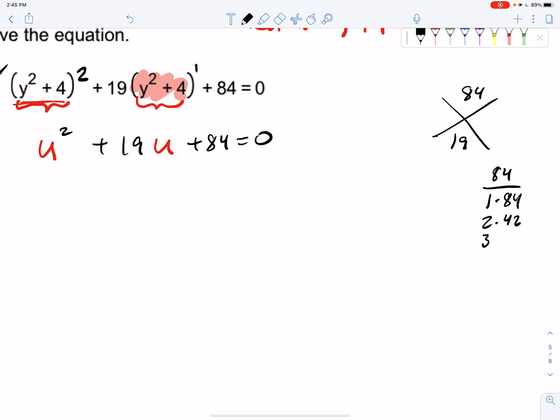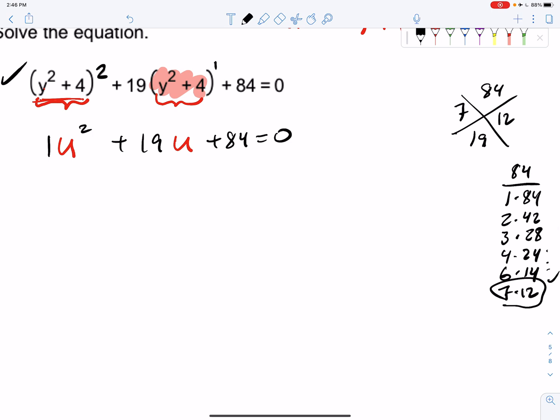So you probably don't even have to start with such small factors. 3 times 28, that's not going to add to 19. 4 times 24, that's not going to either, so I didn't have to start there. How about 6 times 14? Well, that's getting closer. That adds to 20. And then how about 7 times 12? That's looking really good. That adds to 19. So I probably could have just gone down. At least maybe I would have started here. Anyhow, that's just optional stuff. 7 times 12 is 84, and 7 plus 12 is 19.